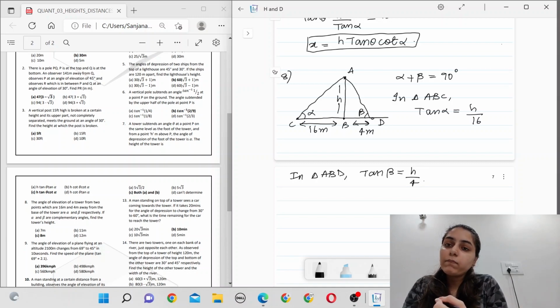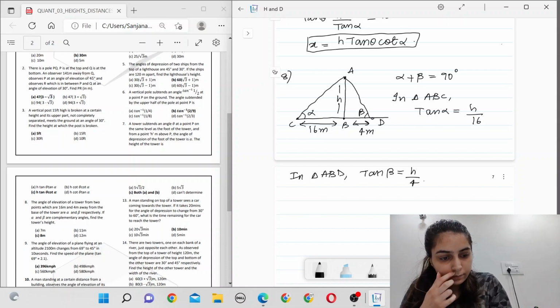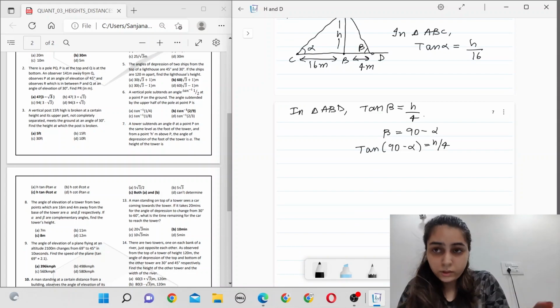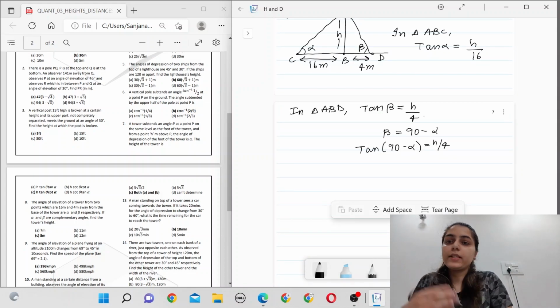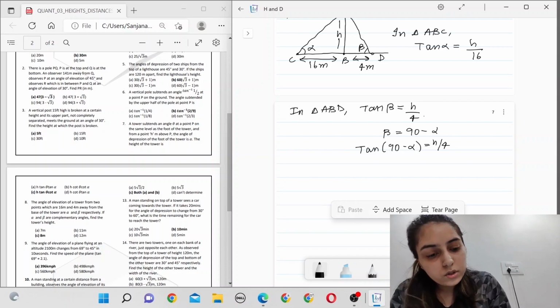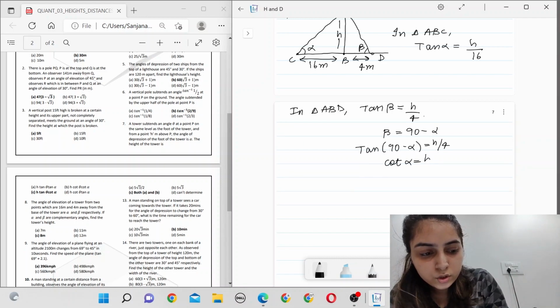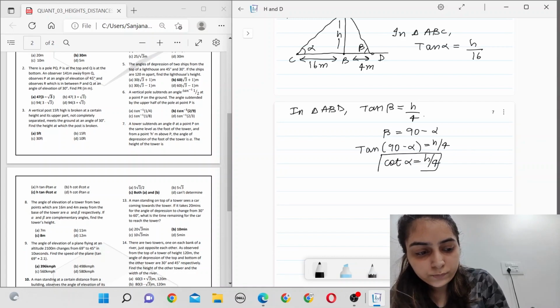Now we know that alpha plus beta is 90 degrees, so that implies beta is equal to 90 minus alpha. So tan of 90 minus alpha is equal to h by 4. Tan of 90 minus alpha is cot alpha. The basic properties: tan 90 minus theta is cot theta, cot 90 minus theta is tan theta. So applying that formula, cot alpha is equal to h by 4.